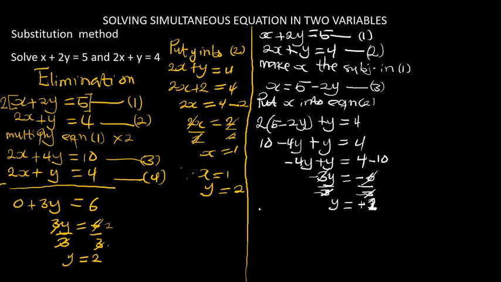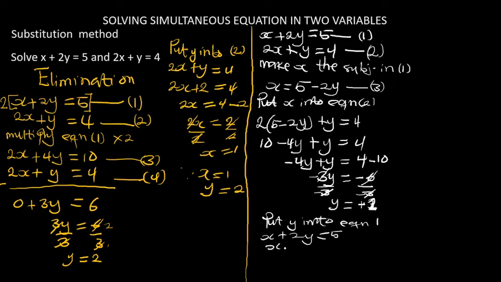Alright, now what do we do? We'll put y into any of these equations, 1 or 2, so that we can find our x. So let's put y into equation 1. Alright, so equation 1 is x plus 2y equals 5.